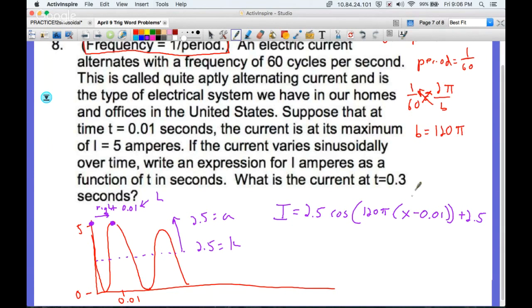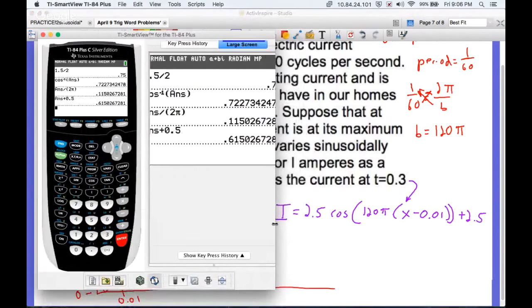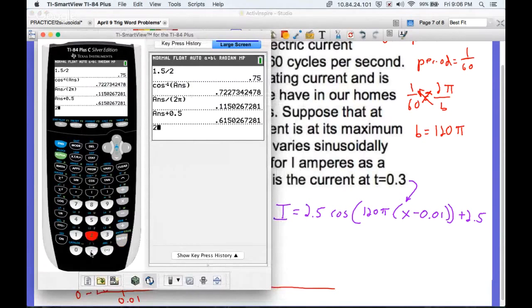Now let's answer the question: what is the current at t equals 0.03? So I'm going to plug in 0.03 right there. I'll just use my on-screen calculator for this one as well. I can do this all in one line if I want, as long as I do my parentheses right. 2.5 times the cosine of 120 pi times 0.03 minus 0.01, plus 2.5.